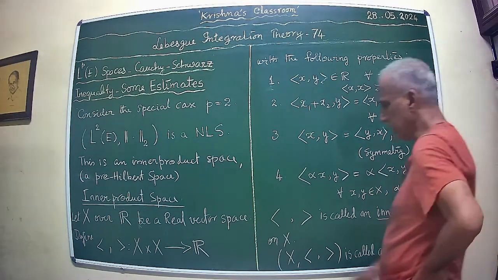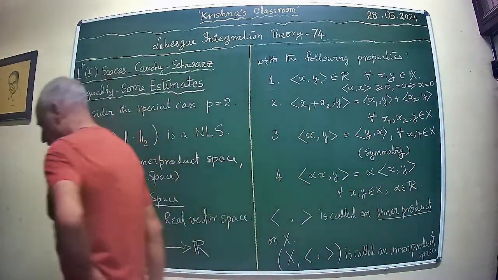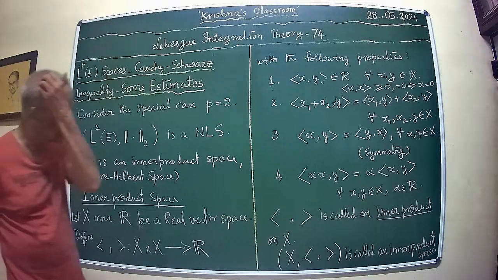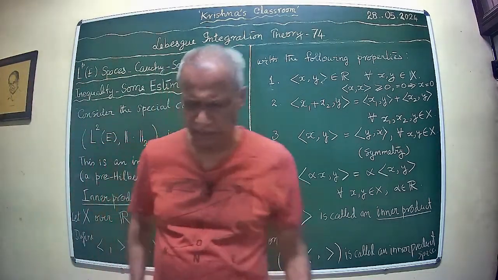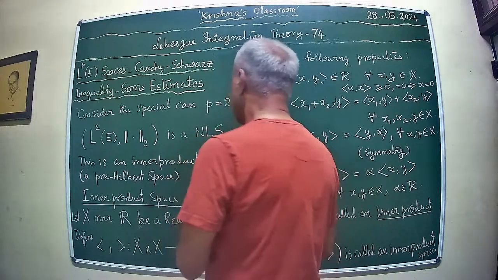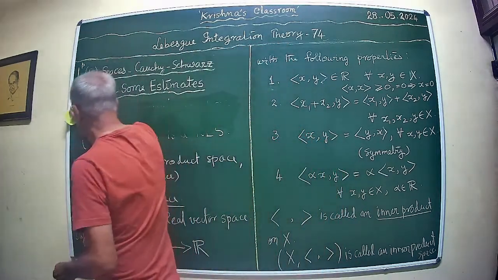So any linear space over R with an inner product is called an inner product space, the real inner product space. Now I think I want to make some remarks about it at this stage.